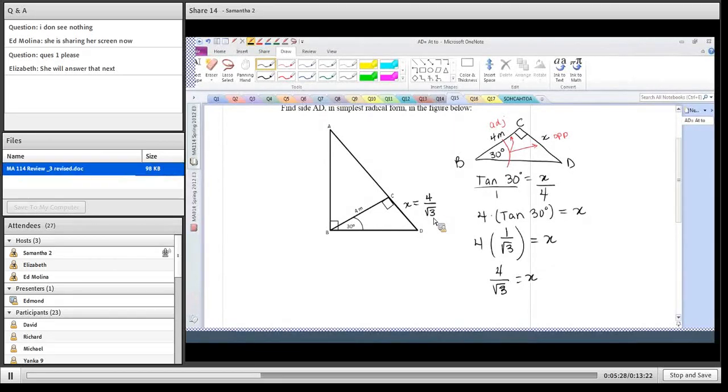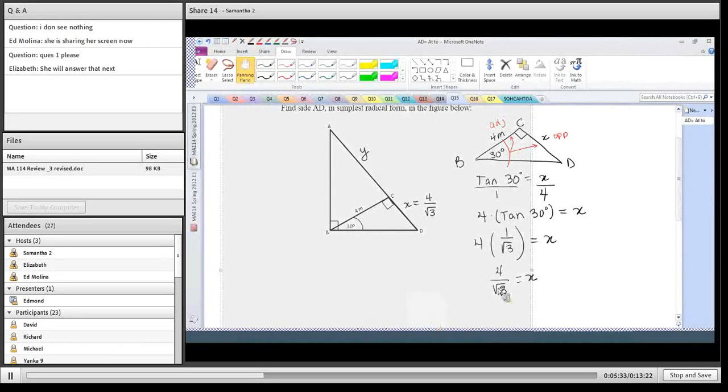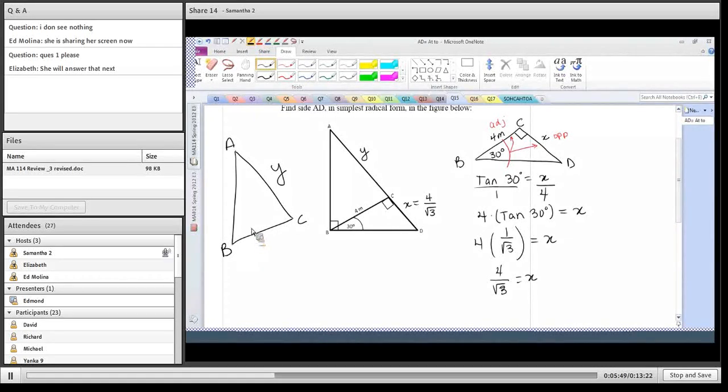Now we need to find side AC, and I'm going to identify that side as y. Now you'll notice that we can use triangle BCA to find side AC. Now we know BC is 4 meters, and we also know that C is 90, and angle B. Let's find angle B. How can we find angle B?